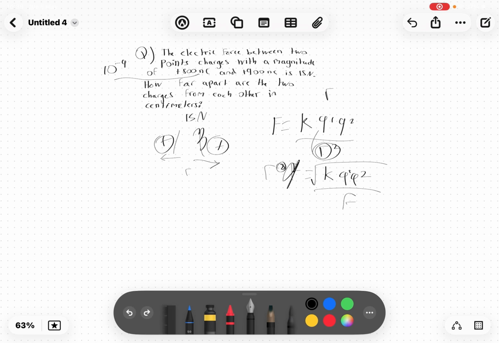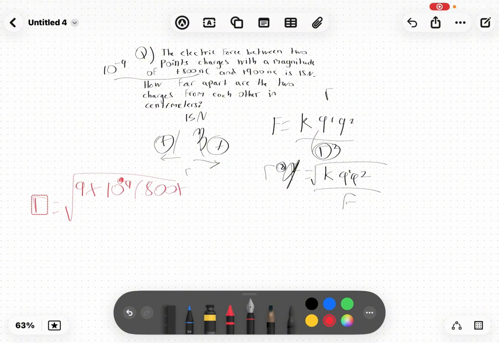So we just have to plug in the numbers. R equals the square root of K, which is 10 to the power, not minus 9, by the way. Oh no, I'm sorry, I was wrong.